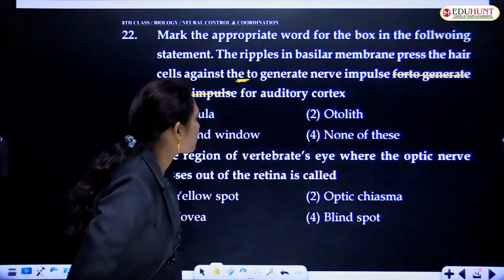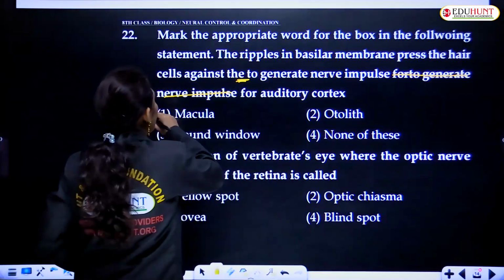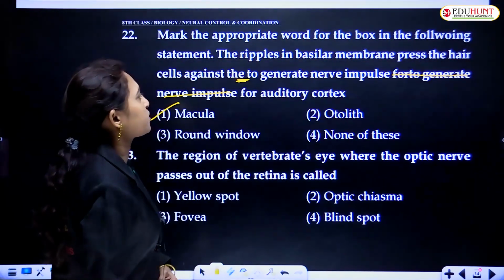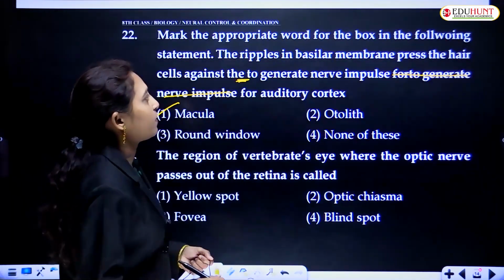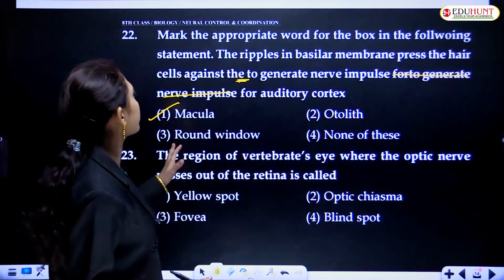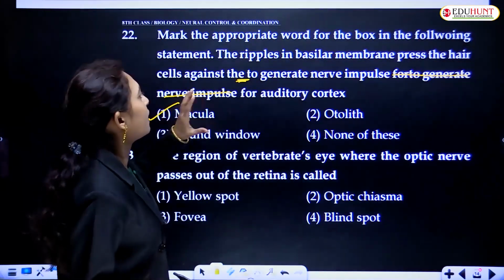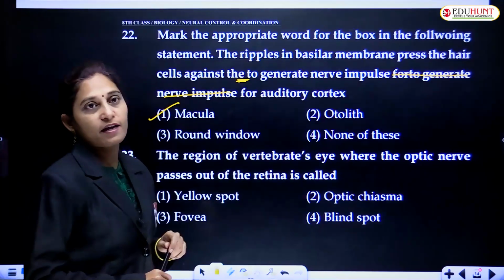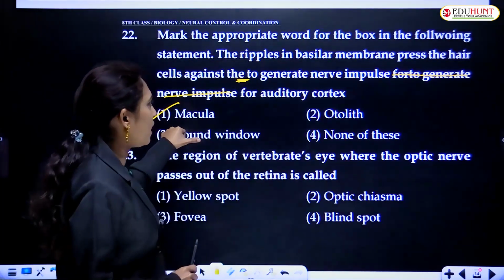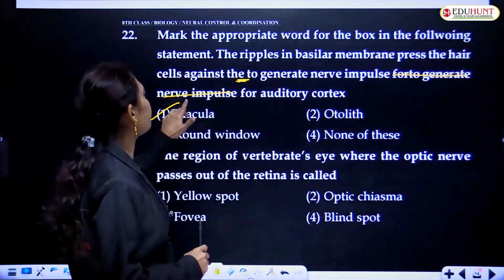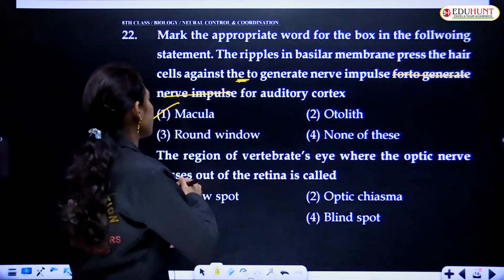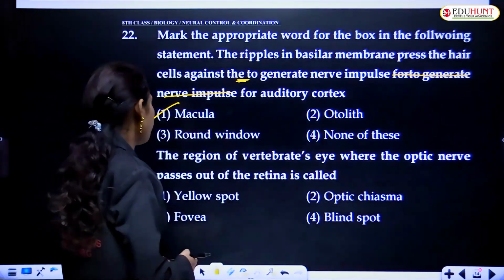The answer is macula. Macula is the correct option.